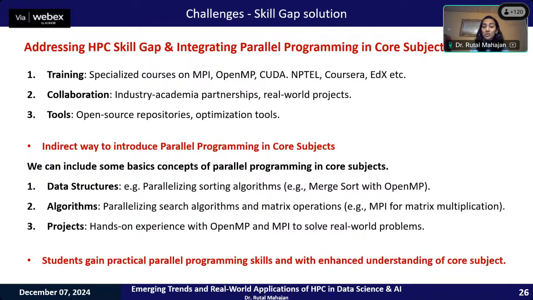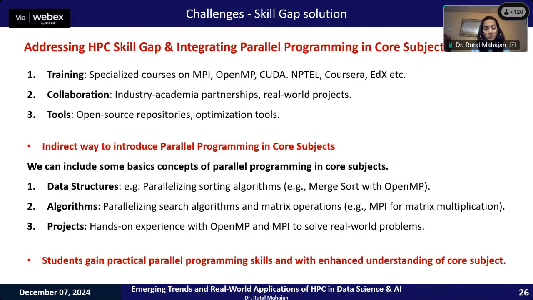If we cannot introduce a whole subject on OpenMP, CUDA or MPI, there is still room to accommodate parallel programming or HPC basics in our core computer science subjects, like data structures, design and analysis of algorithms, or any programming subjects.